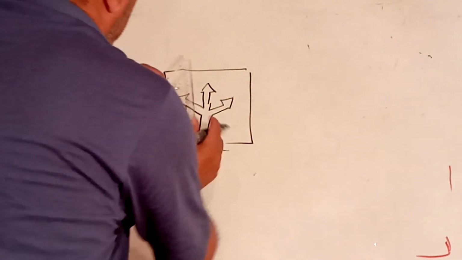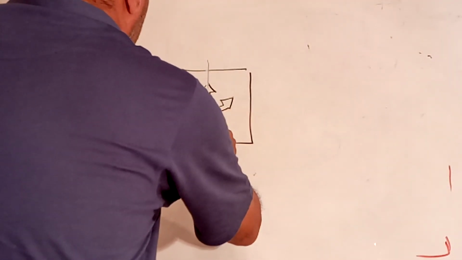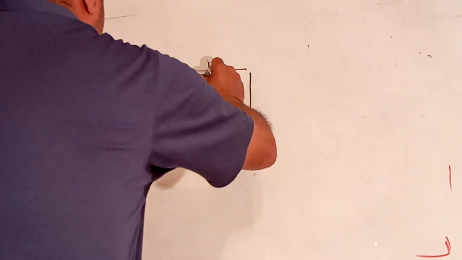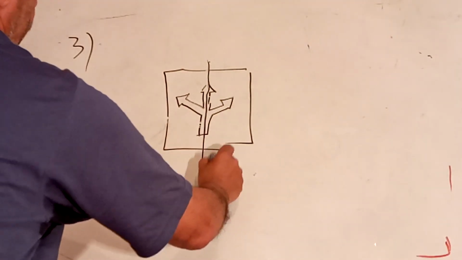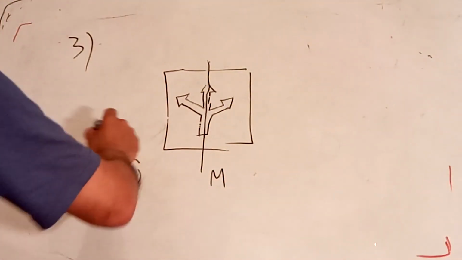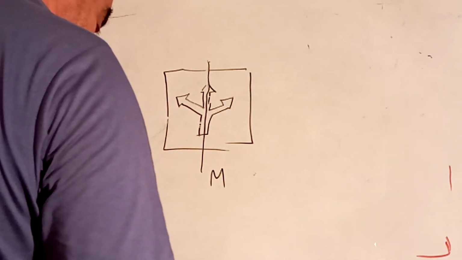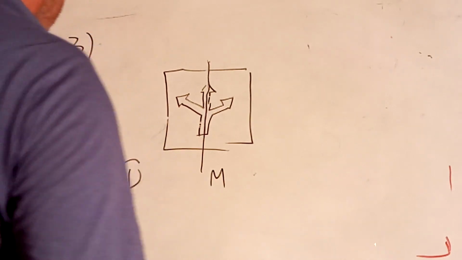It will come like this one from here, from here, from here. Draw it. This is the mirror. So it has one line of symmetry. Okay, maybe this is enough. That's enough for you. You get the idea.